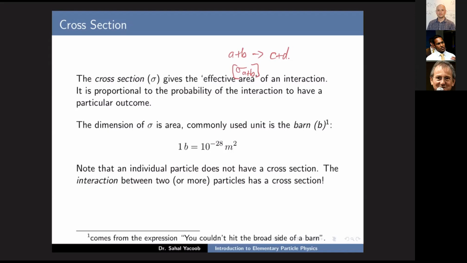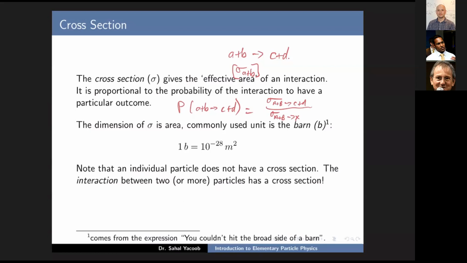Let me see if I can write this in a way that's useful. The probability of A plus B going to C plus D is equal to the cross section of A plus B to C plus D divided by the cross section of A plus B going to everything, where X is just the unknown. In that way, the cross section is proportional to the probability.